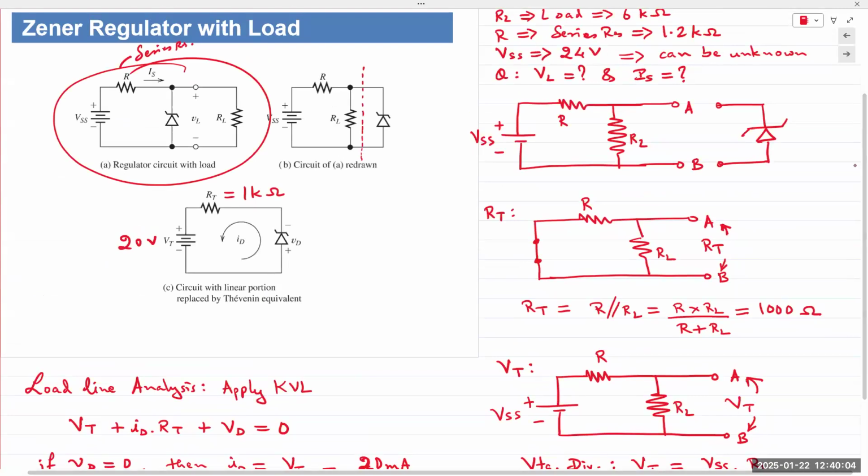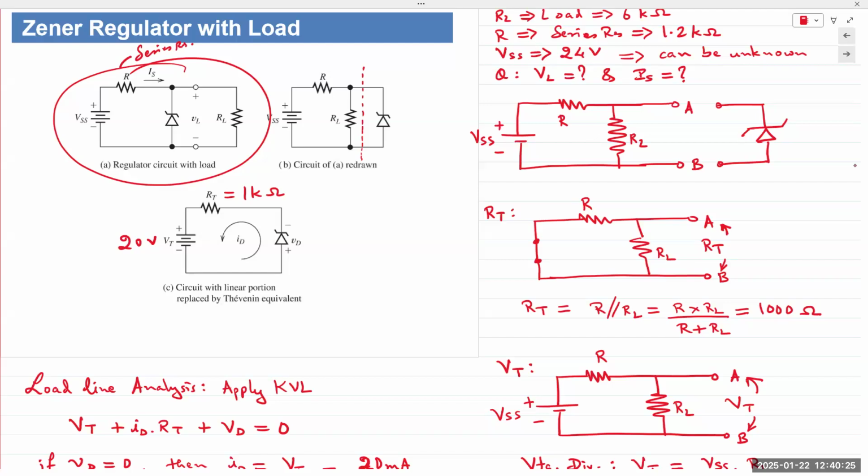Let's say VSS is at a certain level, let's say 15 volts. If it's 15 volts, the two resistors are going to split the voltage, and let's assume the diode turns on. So the supply voltage is going to supply some current IS.